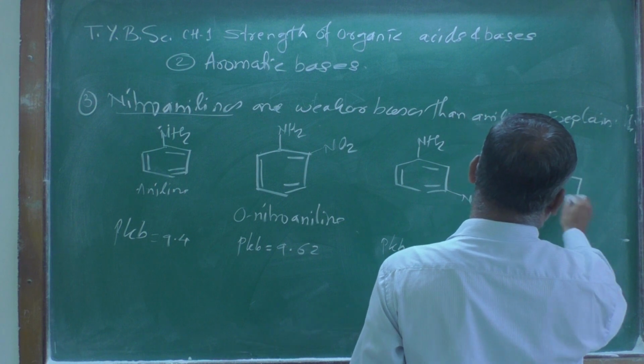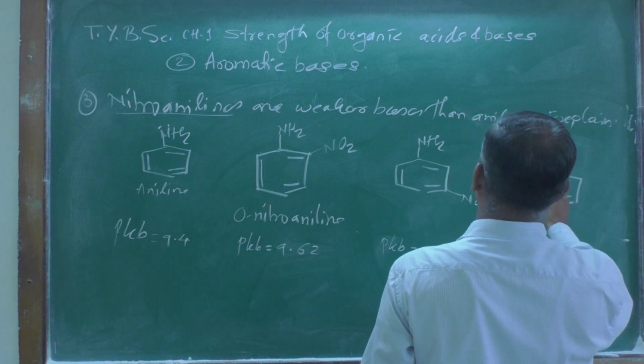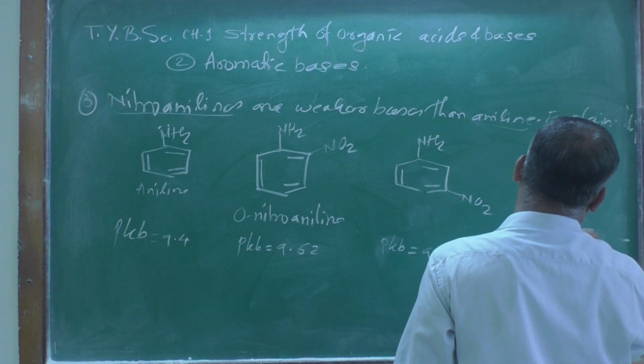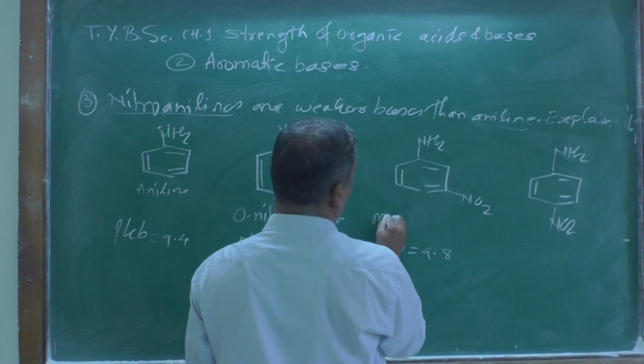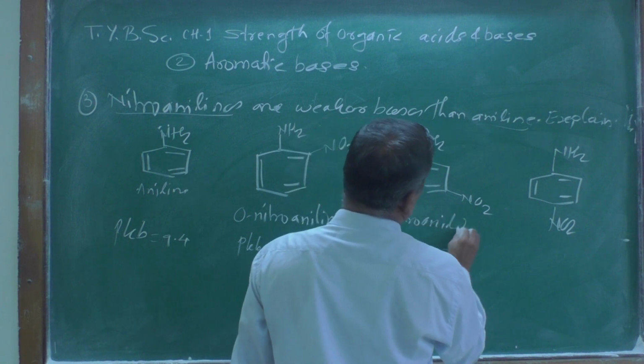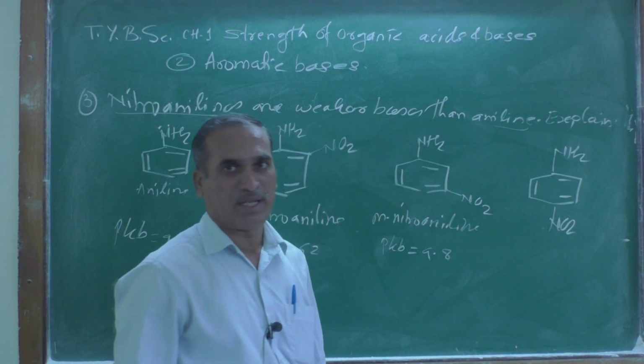Then maybe this one, NH2 and NO2, is called meta-nitroaniline, right? And what is the name of the last structure?